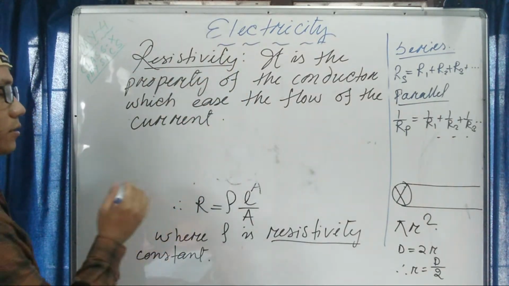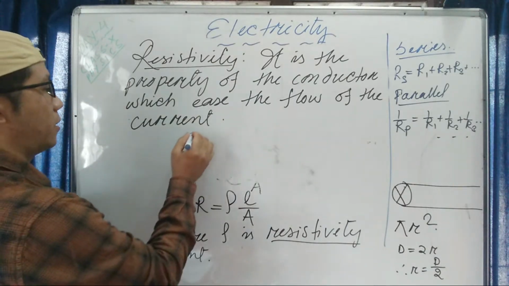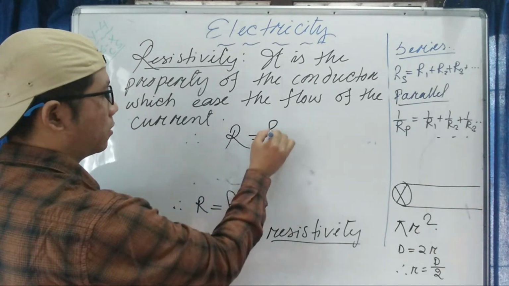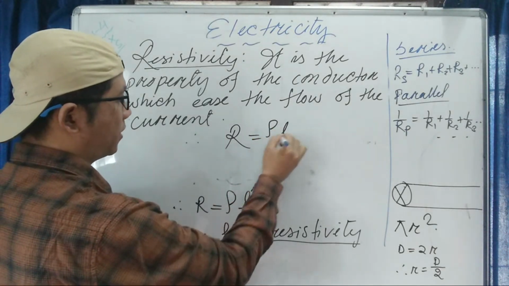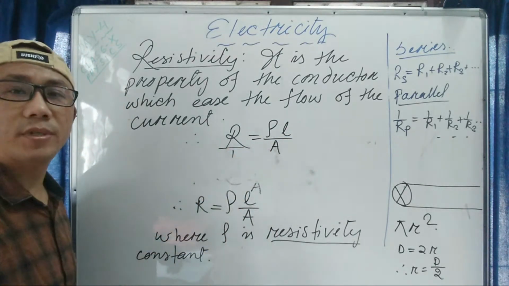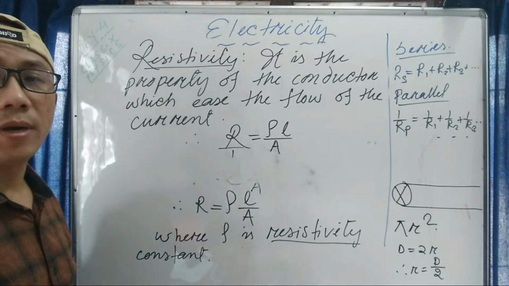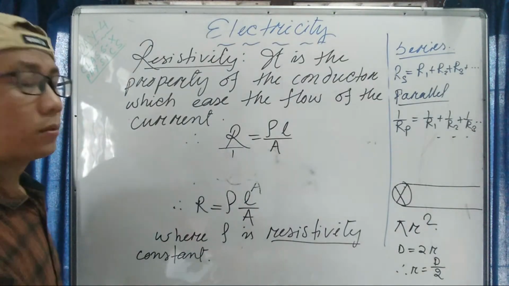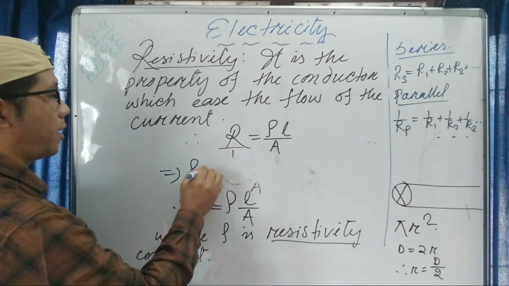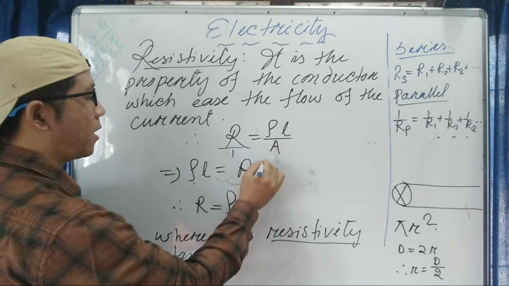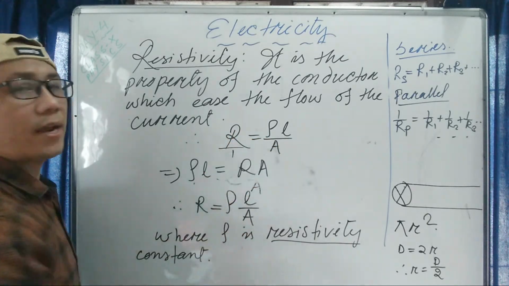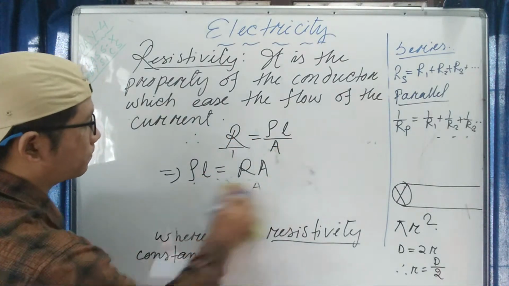And then these equations we are going to develop. We already know that resistance is, if we multiply, rho L divided by A. Here there is 1 down below, so by cross multiplying, rho L is equal to R, the resistance, times the area, the cross-sectional area.